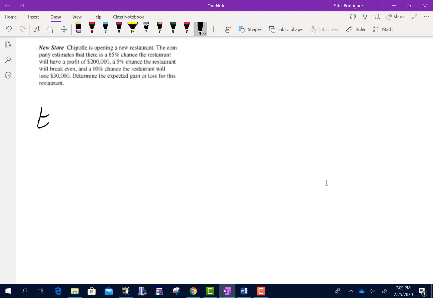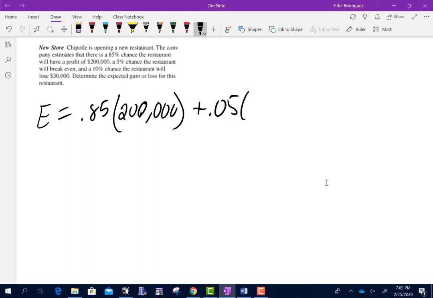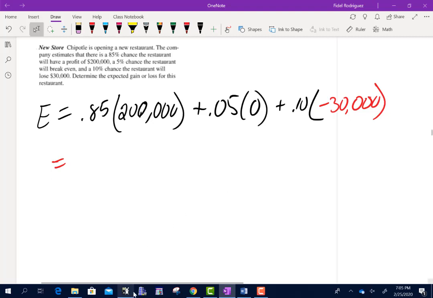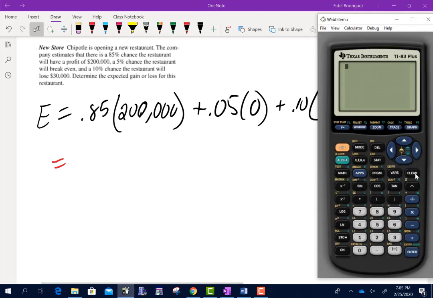Let's find our expected value. So 85% chance, profit of $200,000, 5% chance, break even, and a 10% chance that we're going to lose $30,000. Let me grab my calculator again, clear this out.